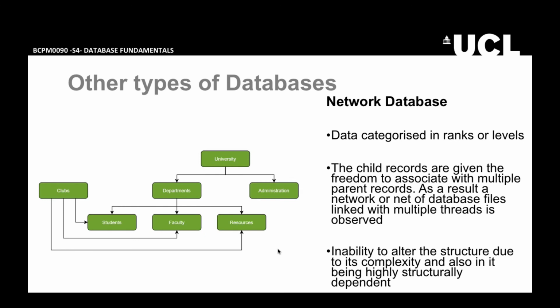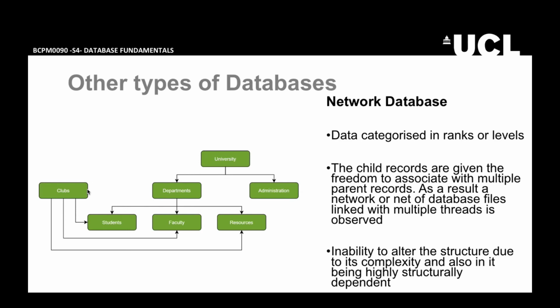Network databases are quite similar to the hierarchical databases because data is also categorized in ranks or levels. The main difference is that now the child records, as you can see here, students, faculty, or resources, are given freedom to associate with multiple parent records. As you can see here, for example, faculty is associated with two parent records, departments and clubs.